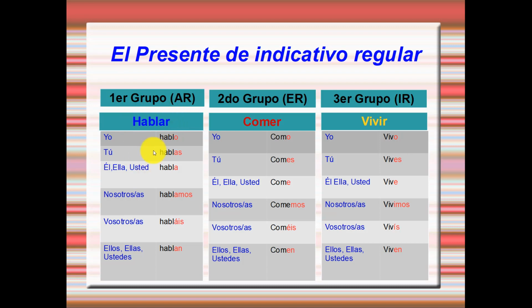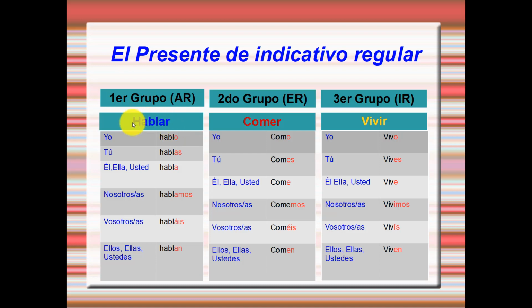All right, so let's see how to use it with the rest of the pronouns. We have here all the pronouns in Spanish, the personal pronouns. If you don't know them, I have a video that you can watch and then you can study them or review them, all right? So we have yo hablo.